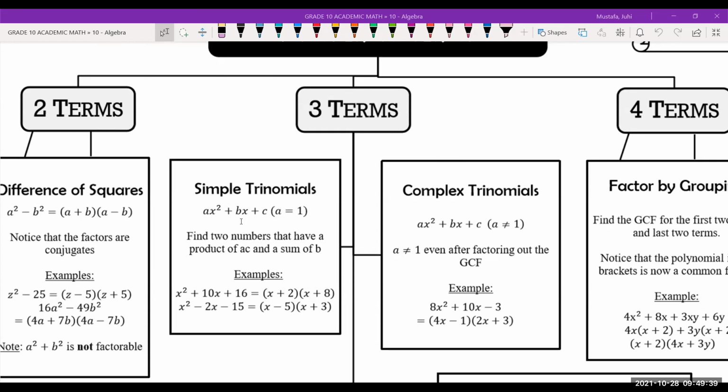A complex trinomial will always have a number in front of the x squared. A simple trinomial is easier to do. A complex trinomial is a little bit harder. So we're going to focus on a simple trinomial. All of ours do not have anything in front of the x squared, and we're going to learn how to go from this answer to this question. And all of our factoring is going to result in 2 brackets with binomials in them.